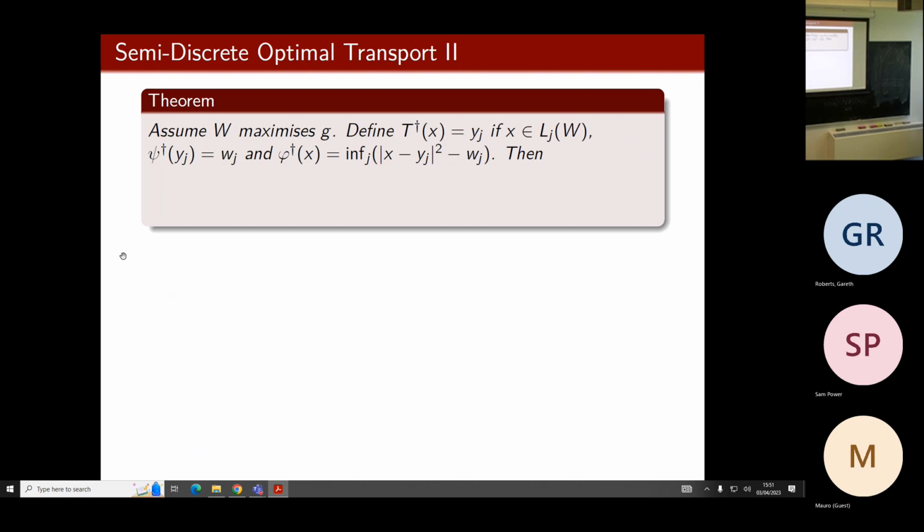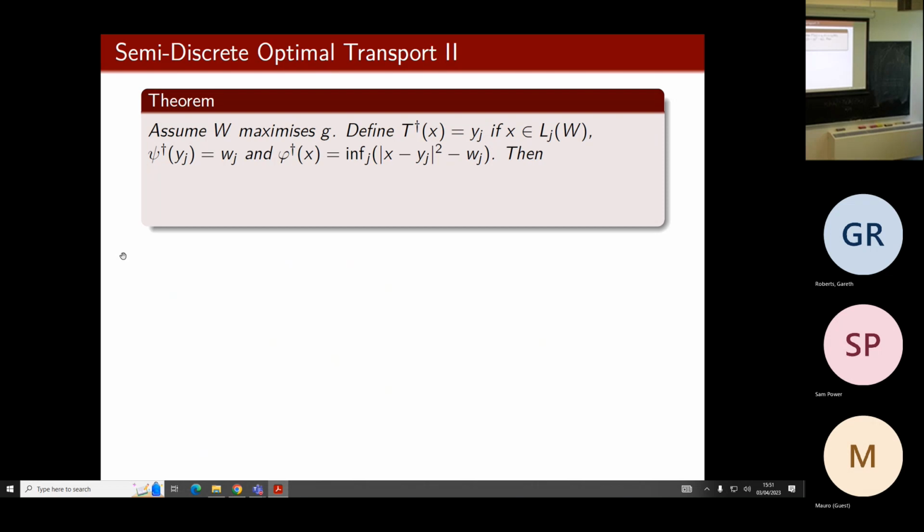So we assume that w maximizes g. Since g is a concave function, it has a maximizer. So I define my T dagger. This is going to take the point x to the center of its Laguerre diagram.